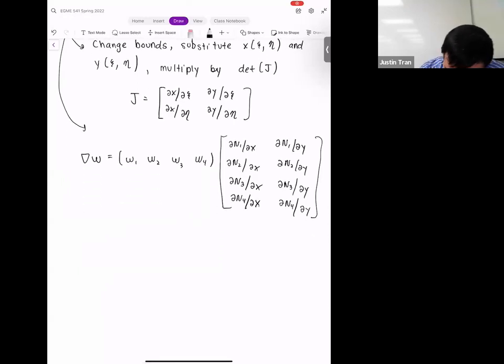And then gradient of T is given by the same thing, but transposed.